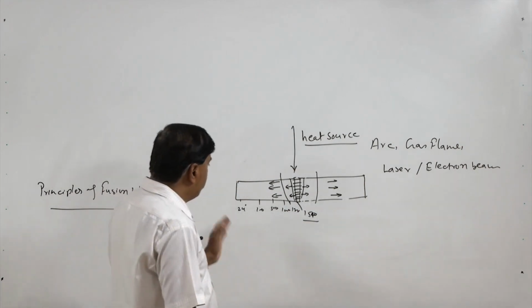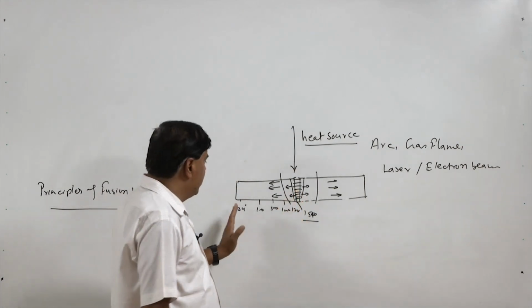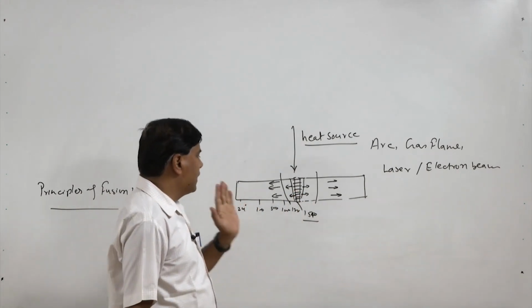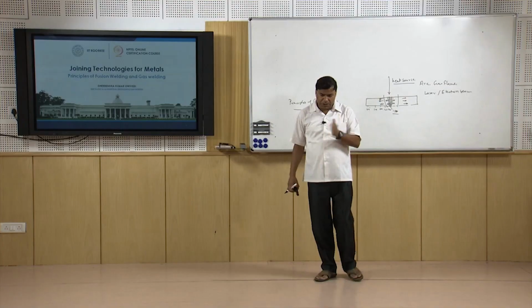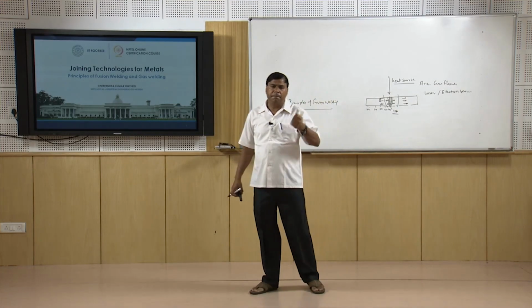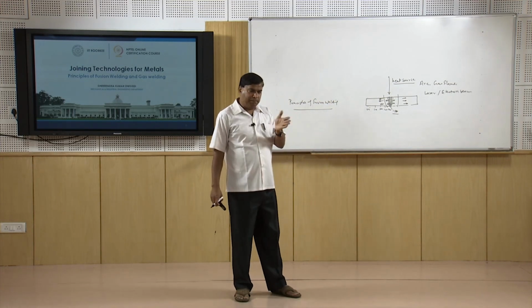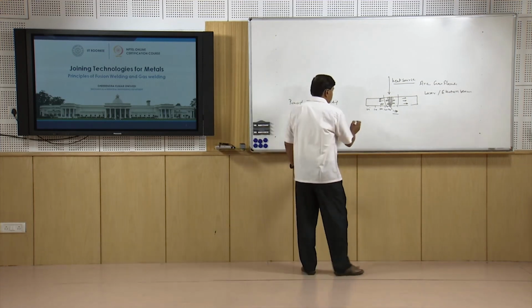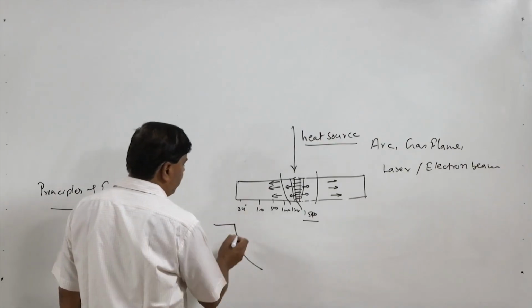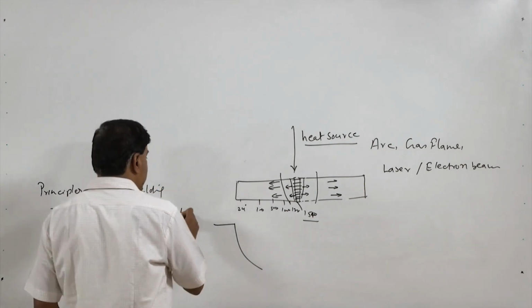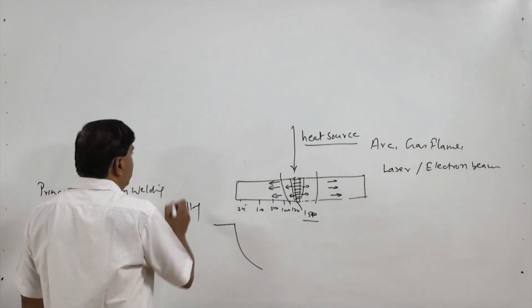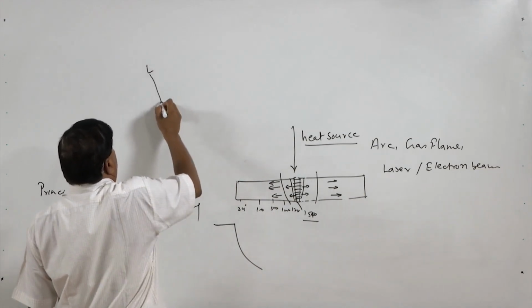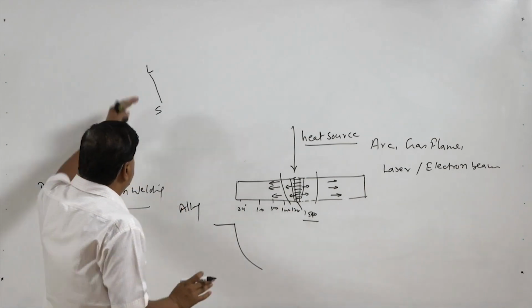So, as we approach towards the fusion boundary, the temperature keeps on increasing, and the distance up to which the temperature of the base metal is above the melting point, that is completely brought to the molten state. Sometimes if the metal is pure, then the boundary is clear, but if the metal system is an alloy, then we will have one solidus and one liquidus, and there is a temperature difference between the two.